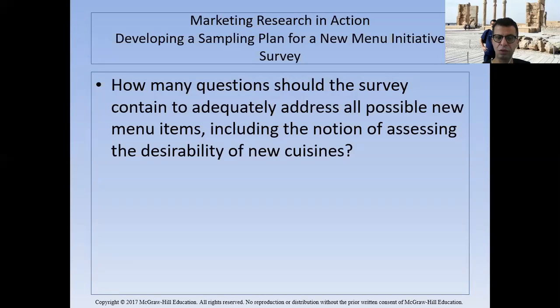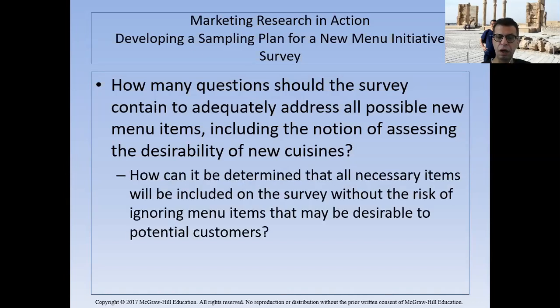You need to address all these menu items, because you don't want to repeat the second part and third part of the question. They all have to be addressed. How can you determine that all necessary items will be included in the survey without the risk of ignoring menu items that may be desirable to a potential customer?